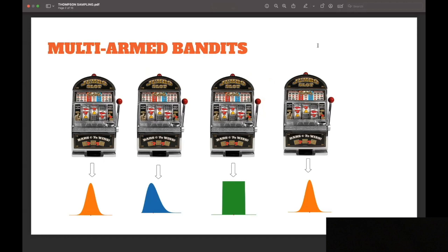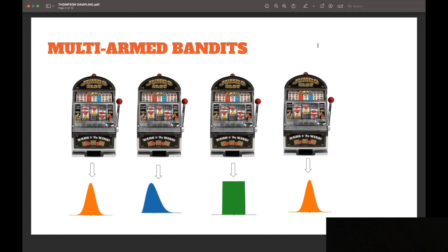Assume that you have multiple slot machines, and each time you pull the arm of a slot machine, you obtain a certain reward. We can model the reward obtained from each slot machine by a certain probability distribution.